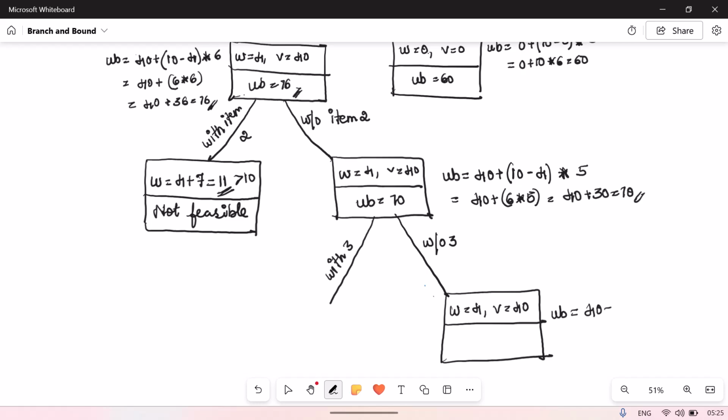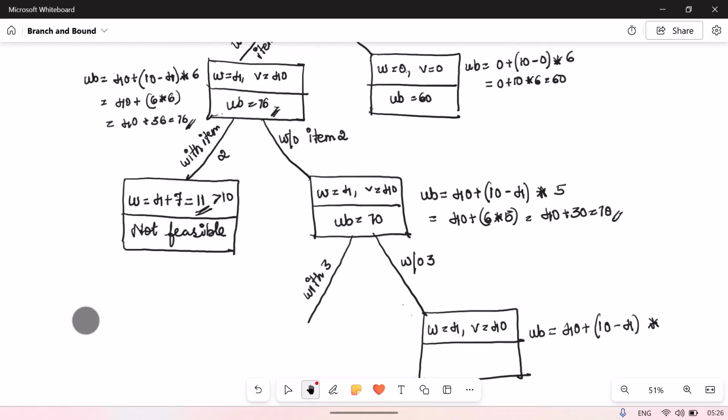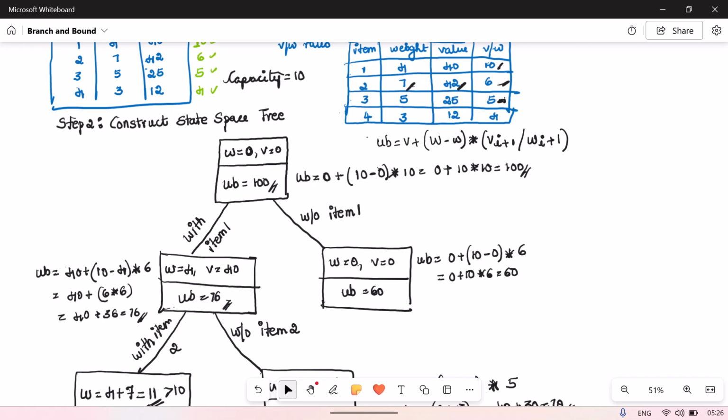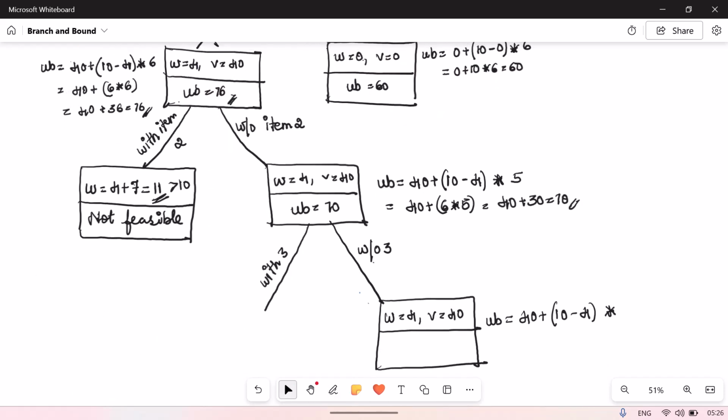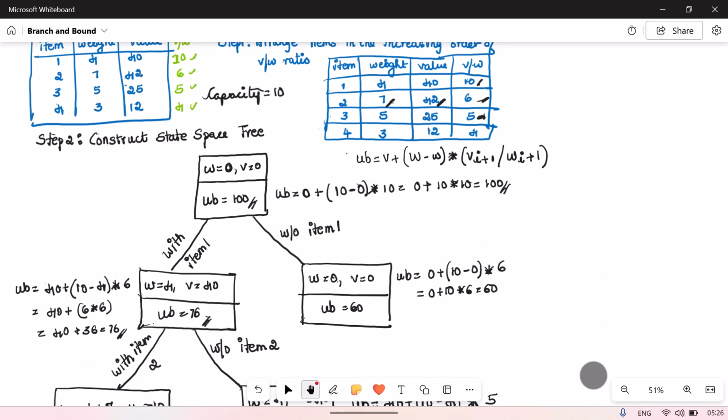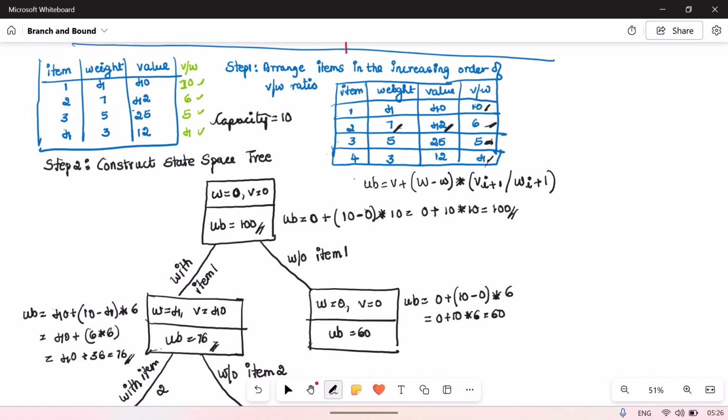40 plus total capacity 10 minus 4 times the ratio. We are considering the third item, so this is item 3. So the ratio will be of the fourth item, that is 4.